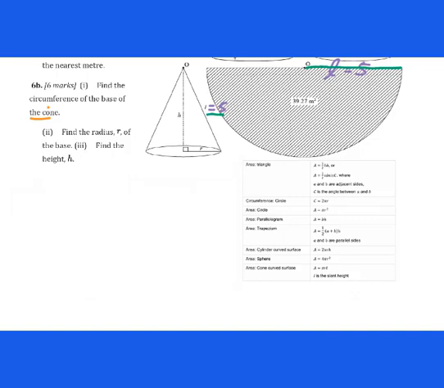But when you fold this semicircle from this O, you will see the circumference of the base of the cone will be this, which means half of the circumference of this semicircle.